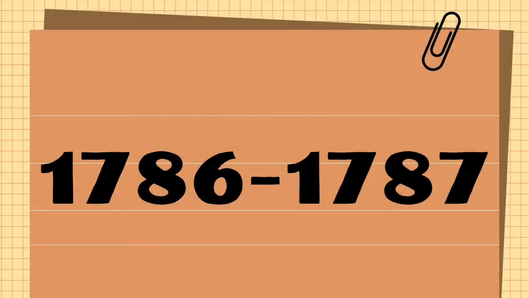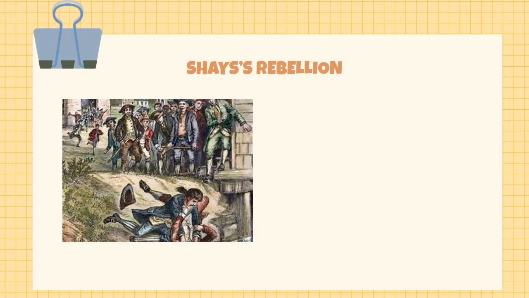And now we will discuss the important events that happened in the years 1786 to 1787.